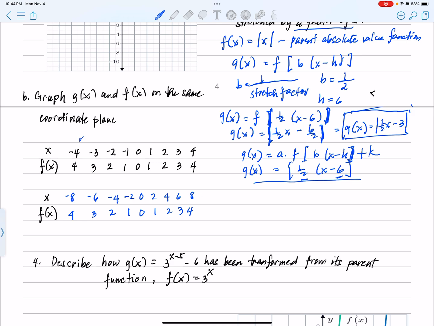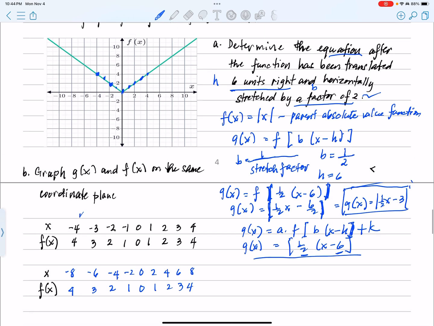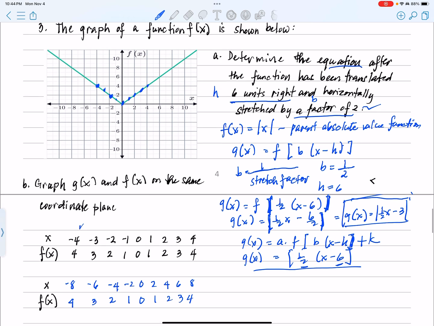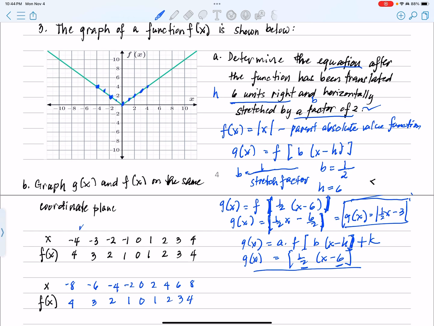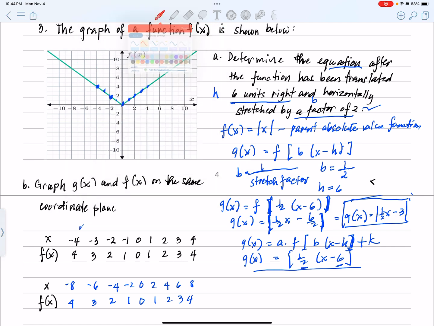All right, let's do this. When x is negative 8, I have 4. I'll use another color. When it's negative 6, I have 3.